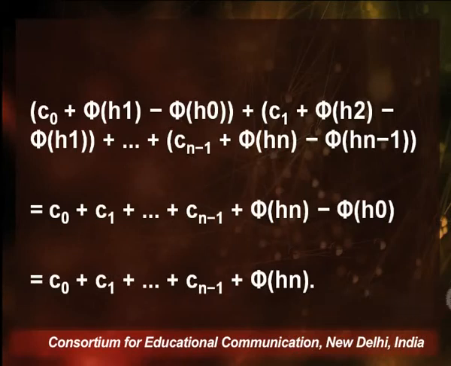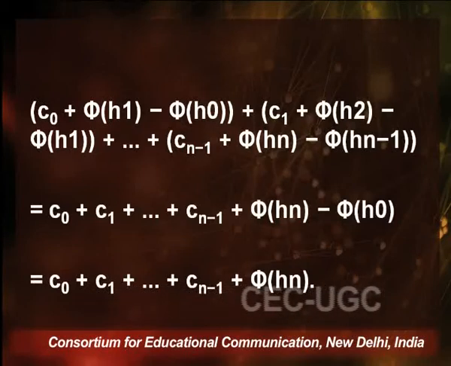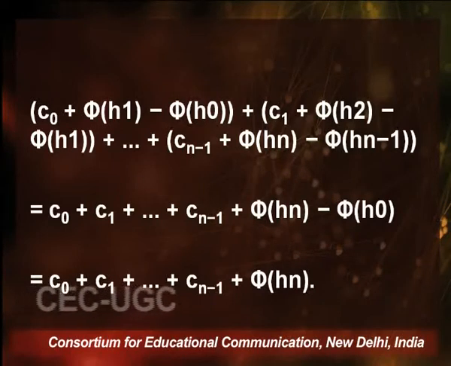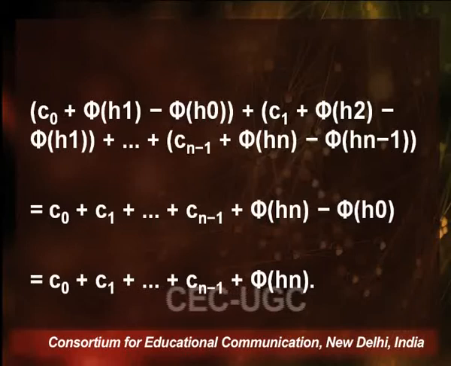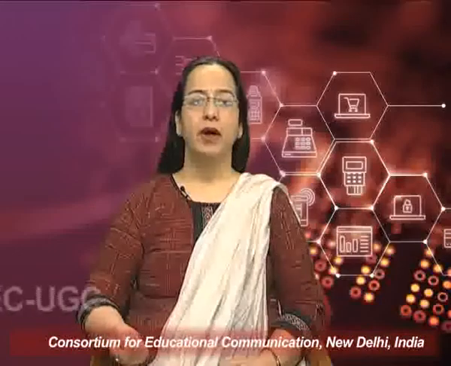The last says Cn minus 1, which is the actual cost for the nth state, and the change in potential, which says phi of Hn minus phi of Hn minus 1, the potential of the previous state.